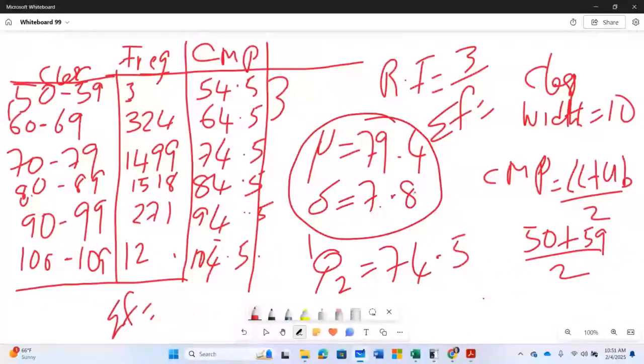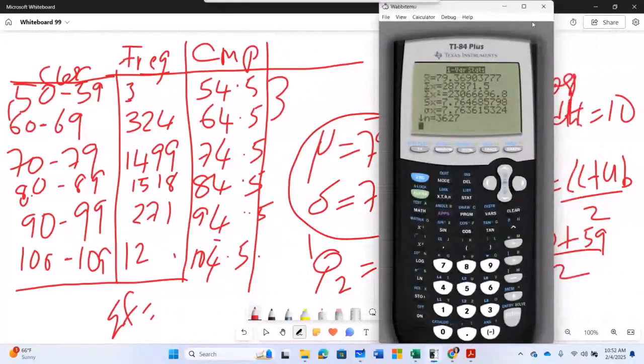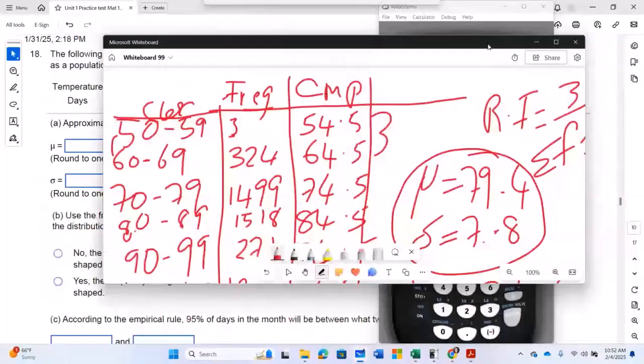By the empirical rule now, if I multiply the standard deviation by 2 and add it to the right, then I have the data on the right. If I multiply the standard deviation by 2 and subtract from the mean, I get the left side. So let me get my calculator and do it quickly. We want to answer the question about standard deviation and the empirical rule.